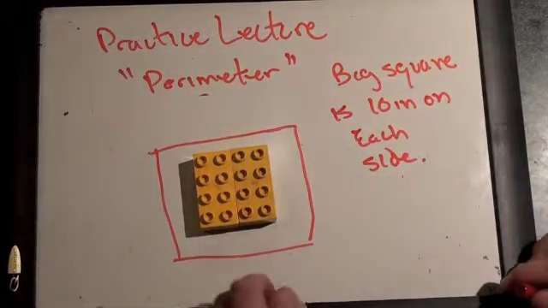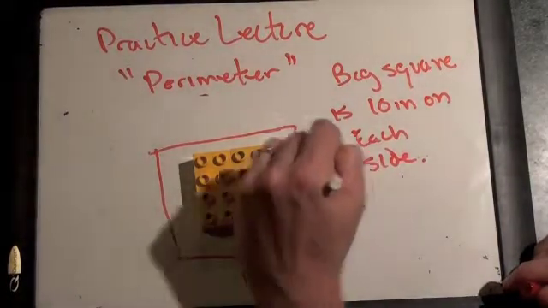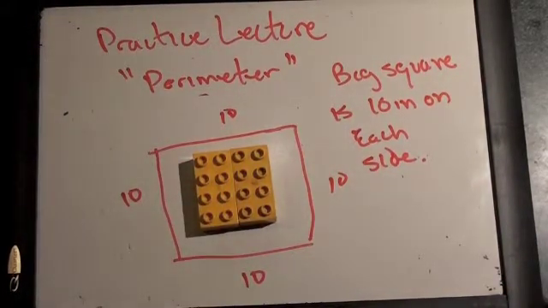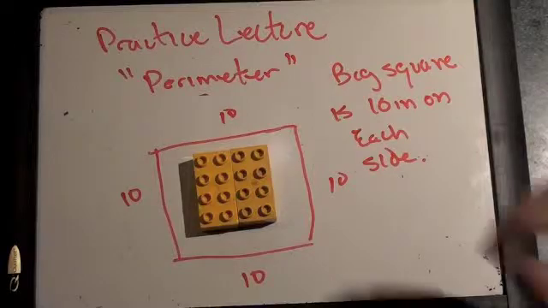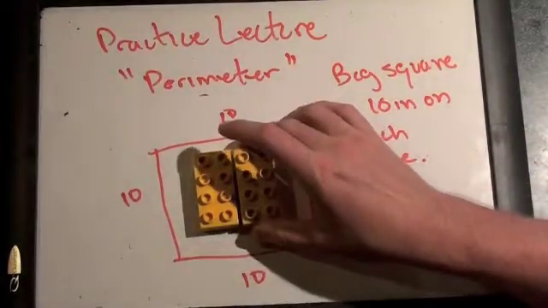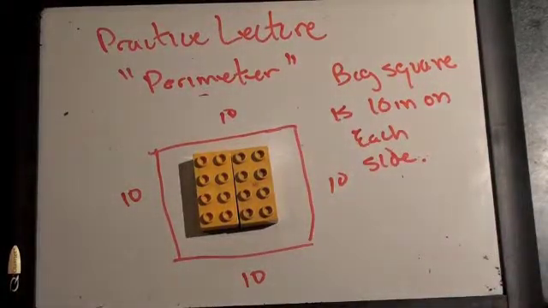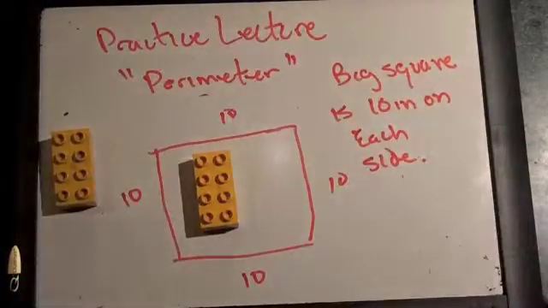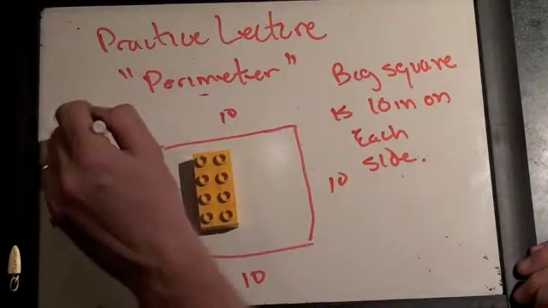So let's draw that. 10 times 4. 10, 10, 10. But now the question is, if I cut it in half, so I take half of that square away, what's the perimeter of the smaller rectangle? Okay. So I take this half and put it over here.